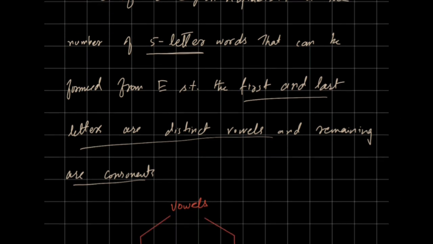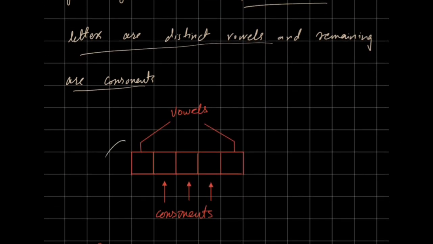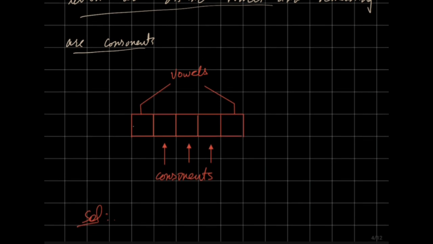So what we have to do? We have to make 5-letter words, such that the first and last letters are vowels and the other 3 positions are filled by consonants, right?